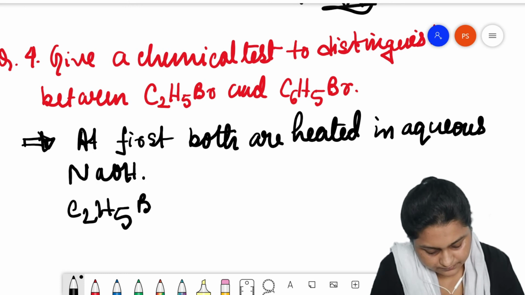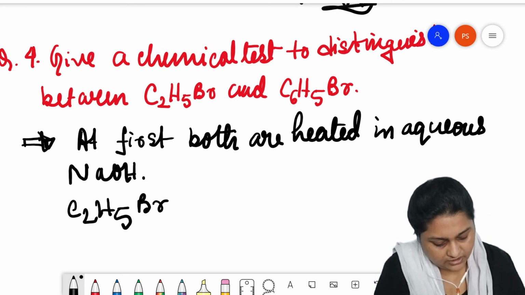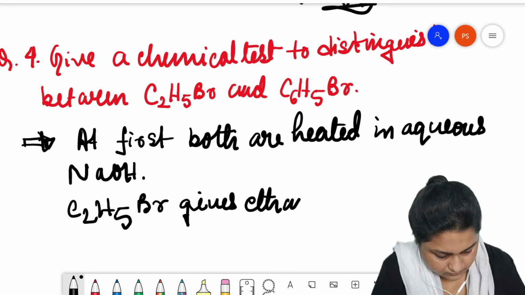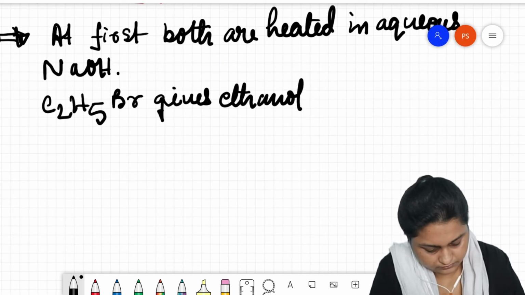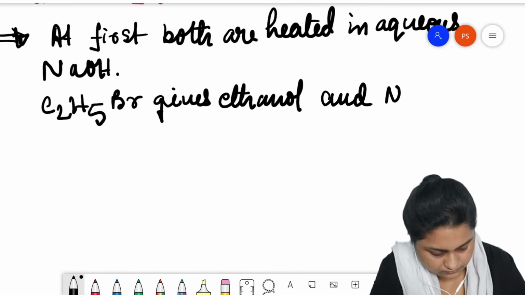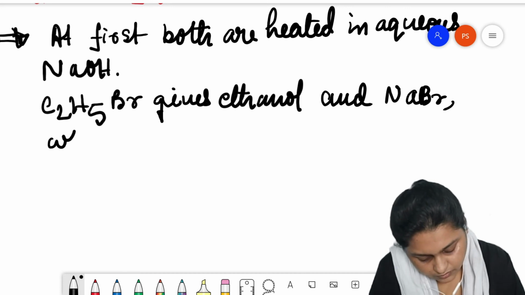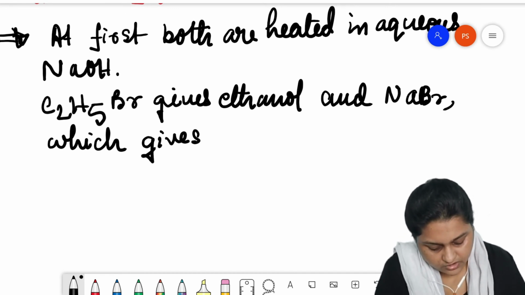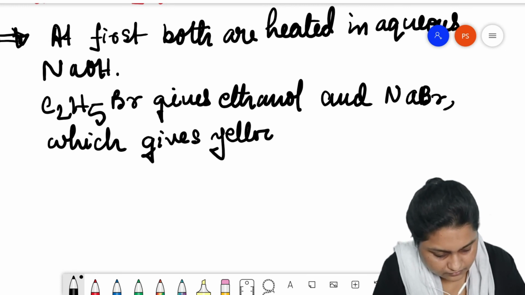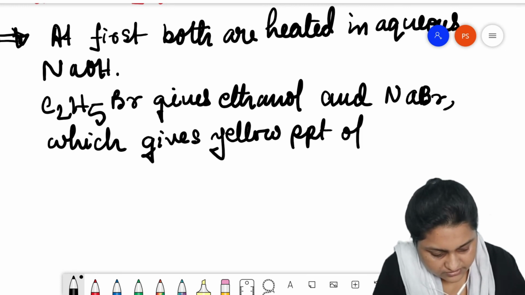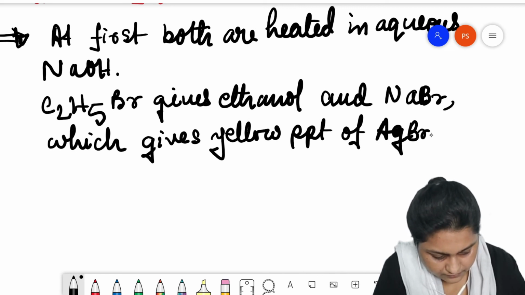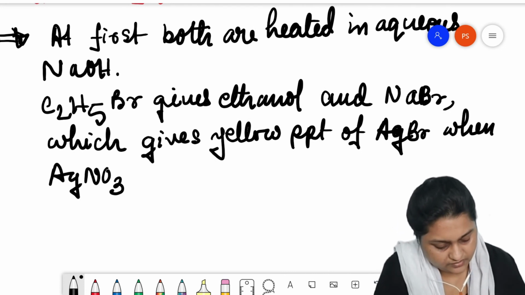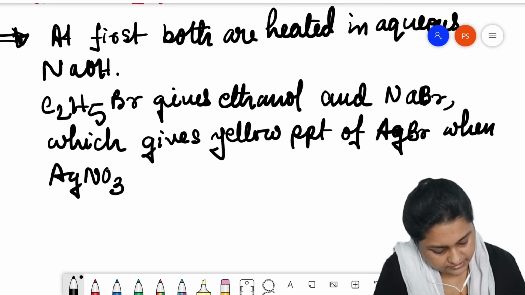C2H5Br gives ethanol and NaBr, which gives a yellow precipitate of silver bromide when silver nitrate was reacted.